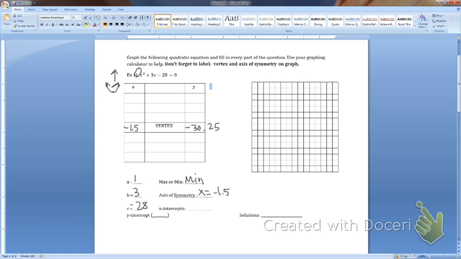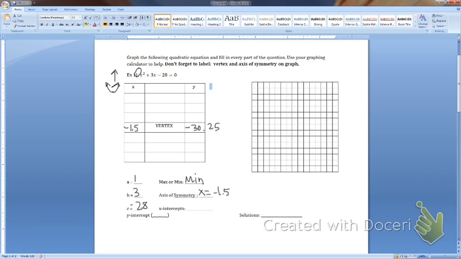All right, and then it says, what's the y-intercept and what's the x-intercept? Well, the x-intercept is going to be where it crosses the x-axis, right? So in order to find the x-intercept, remember we talked about x-intercepts, roots, solutions, and zeros, all of those mean the same thing.